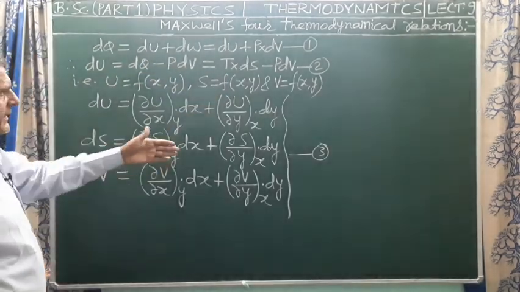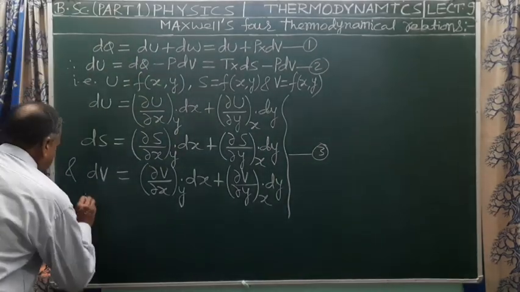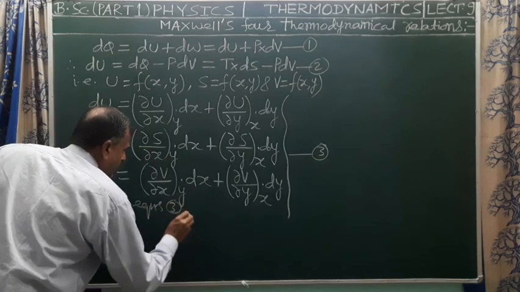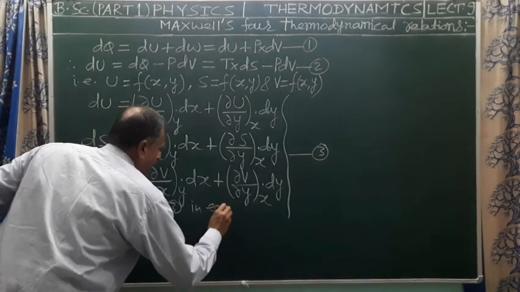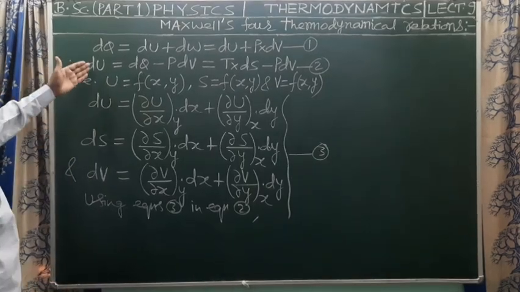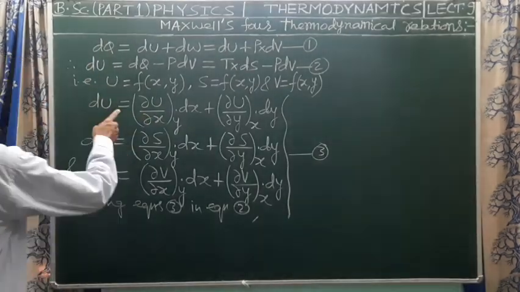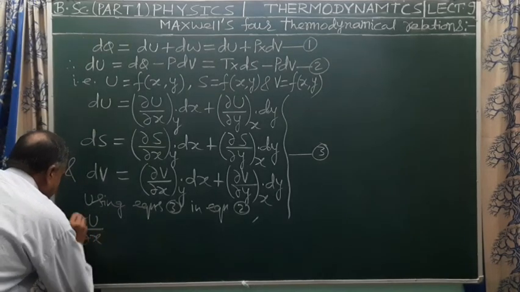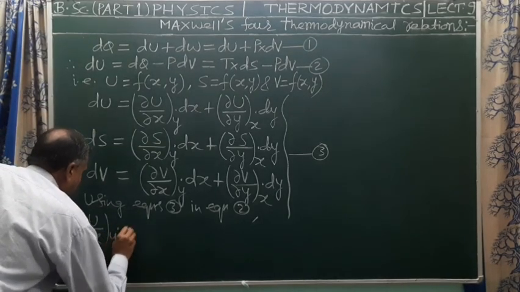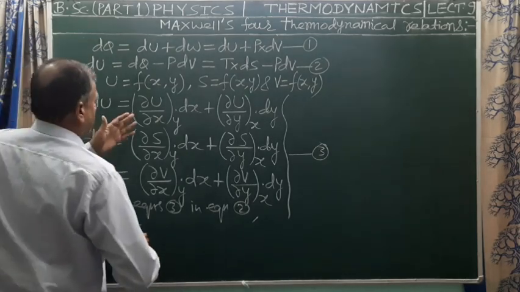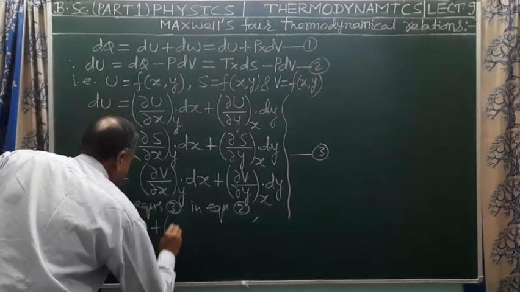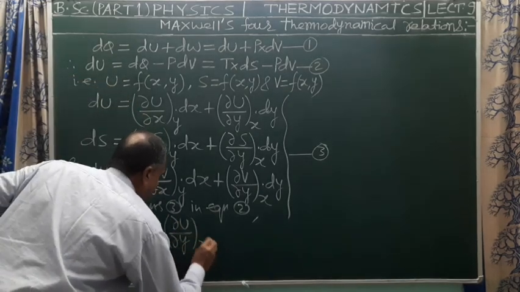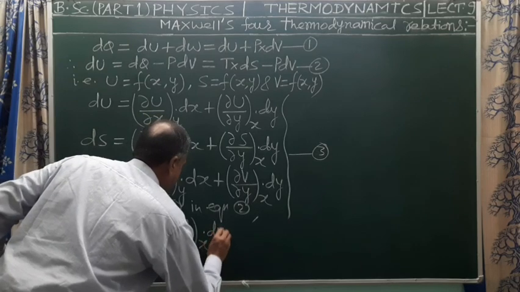So using equation 3 in equation 2, in place of du we can write in the LHS of equation 2: del u upon del x at constant y into dx, plus del u upon del y at constant x multiplied by dy.